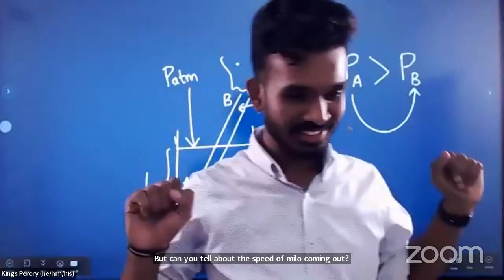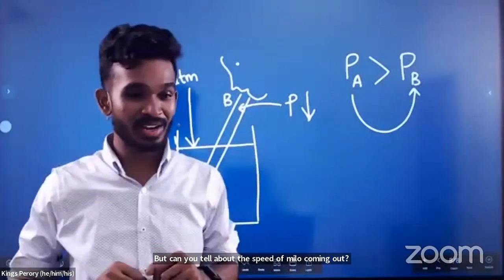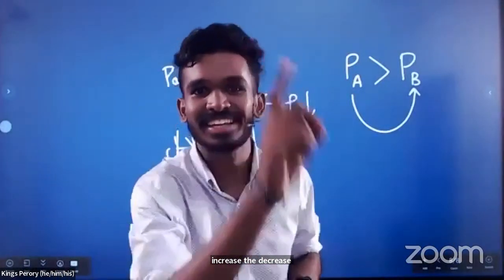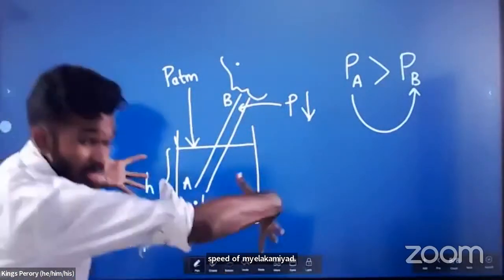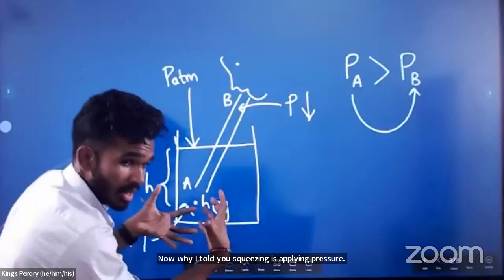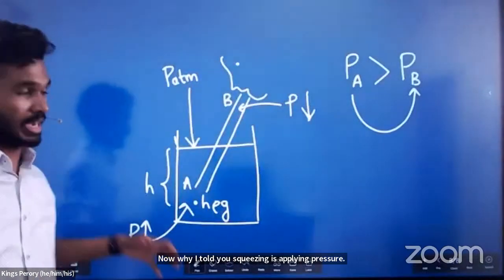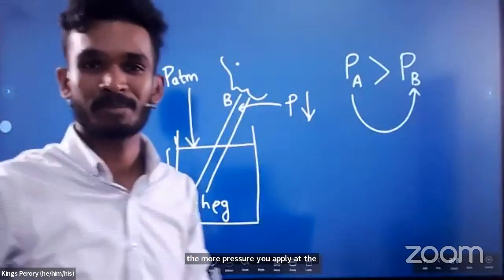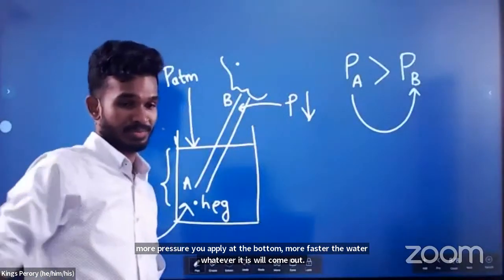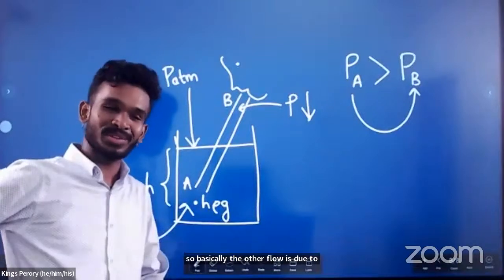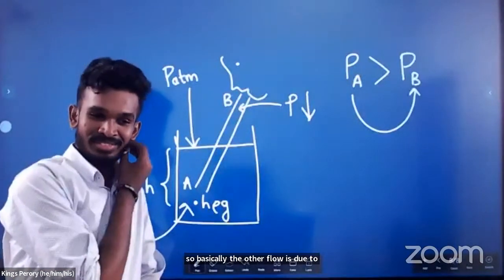Does it increase or decrease? Increase. Now I have told you, squeezing is applying pressure. The more pressure you apply at the bottom, the faster the water, whatever it is, will come out. So basically, the flow is due to pressure. Have you done so? Of course, yes.